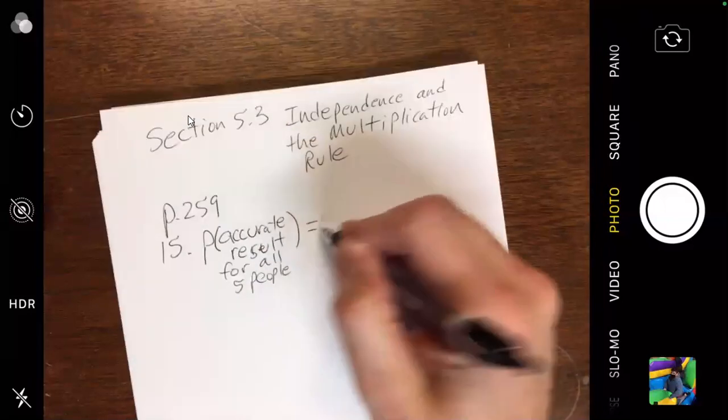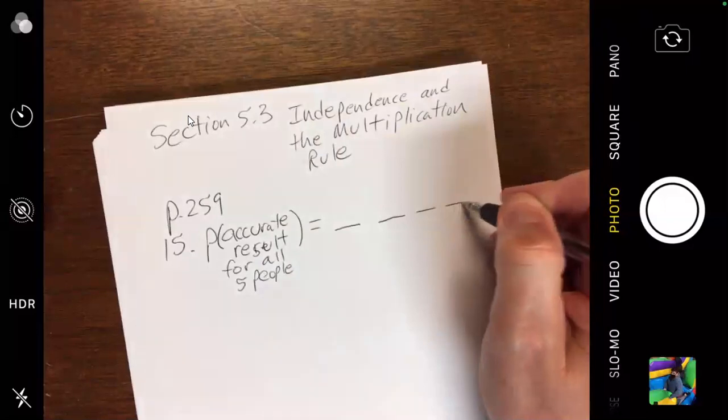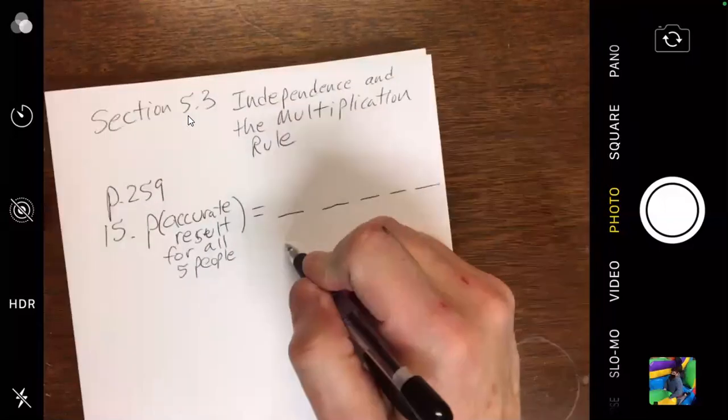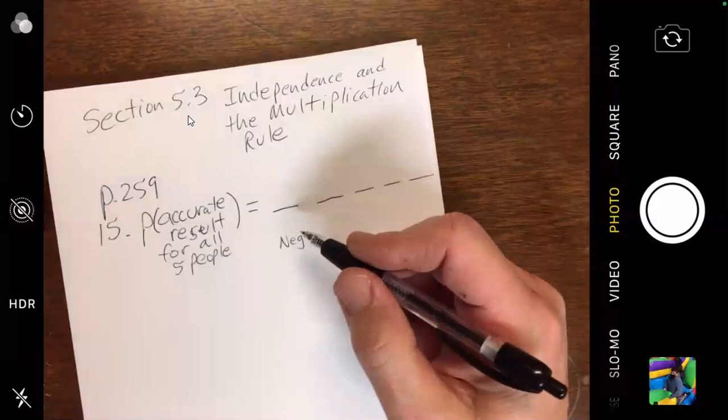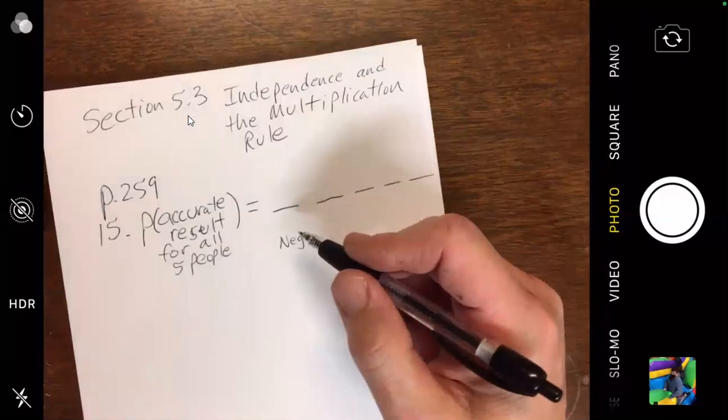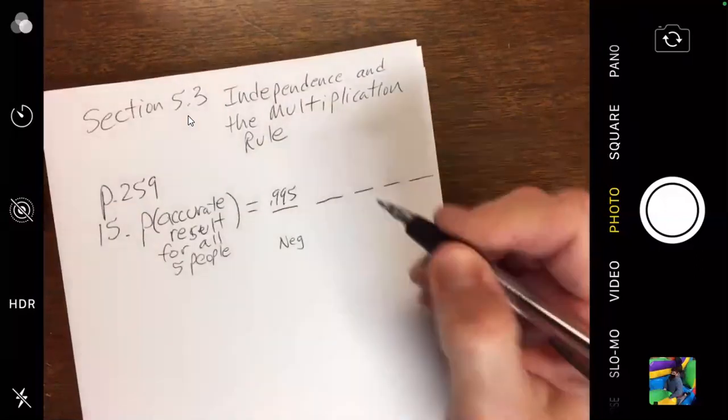Well, there would be 5 slots, and we want it negative on all 5 slots. In other words, the test comes back negative because these people don't have HIV. And you can see that's 0.995 each time.